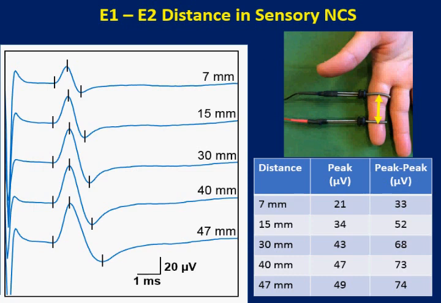When the distance was 3 centimeters or more, the amplitude of the potential increased only slightly with distance. Shorter distance resulted in much lower amplitude. Hence, the operator must make sure that the distance between the ring electrodes is standardized. Most laboratories use 3 to 4 centimeter distance.